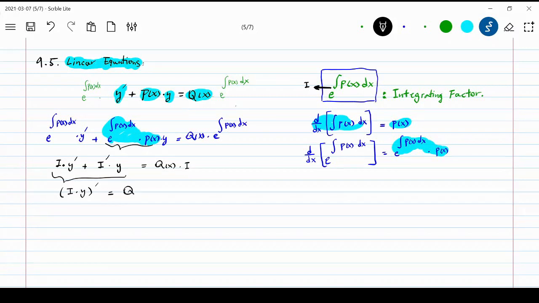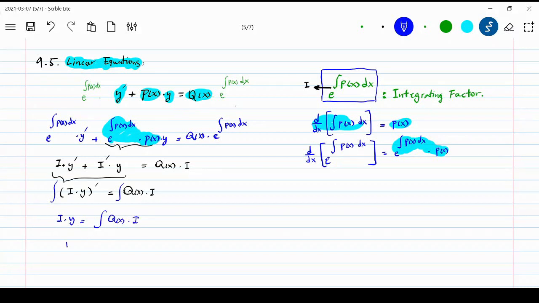On the right side you have q of x times I. Now if I integrate both sides of this equality, on the left side the integral and the derivative are opposite operations, so you would have I times y equal to the integral of q of x times I.